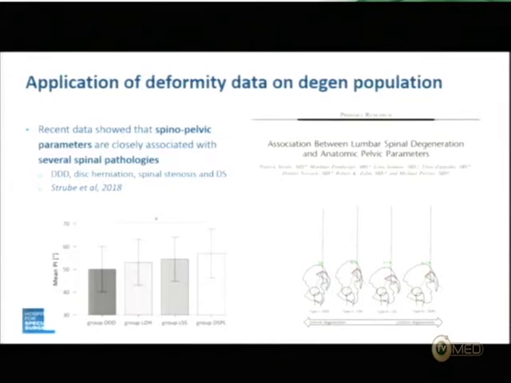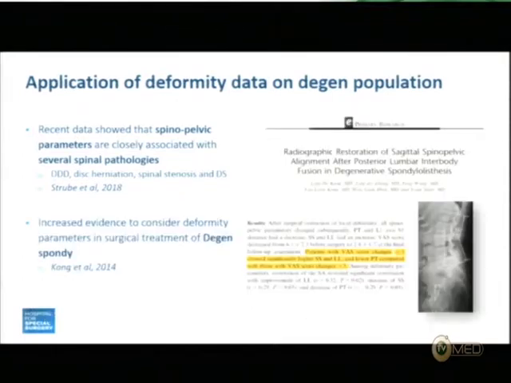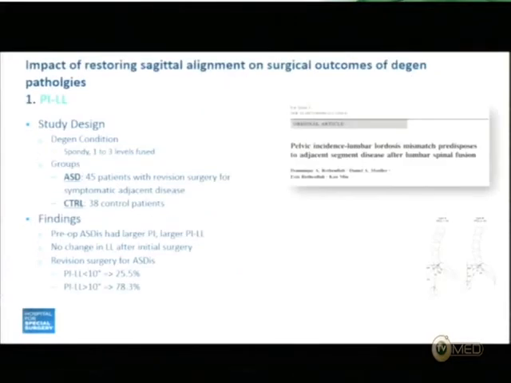We used to put them all together and say, oh, those are degenerative patients. No, they compensate in a different way, and several studies now start to demonstrate that. And so, again, there is increased evidence that if you choose to fuse someone, fuse them in the right position, and you will increase the likelihood of a good success.